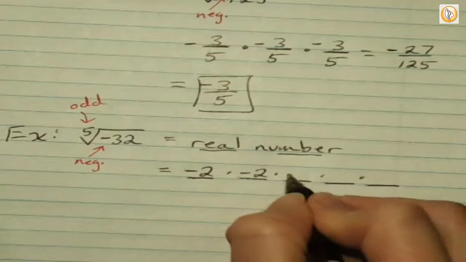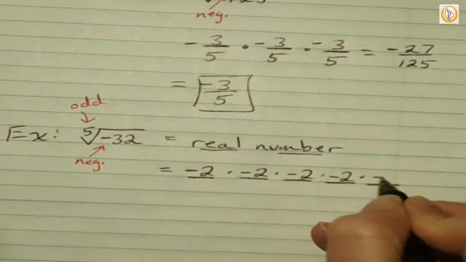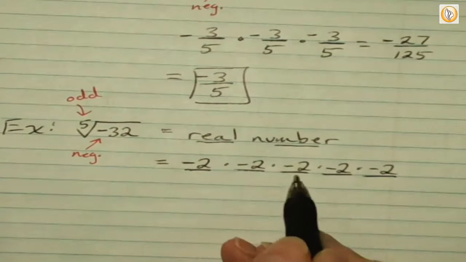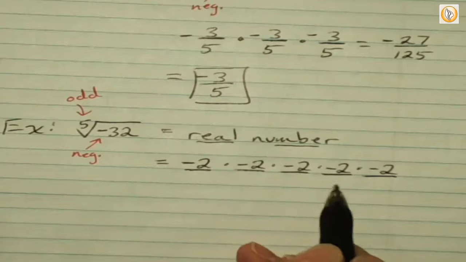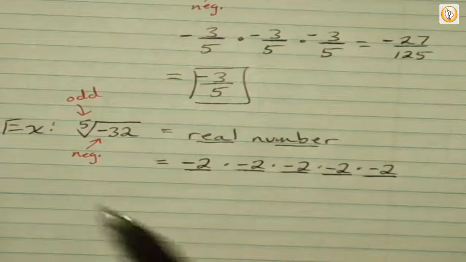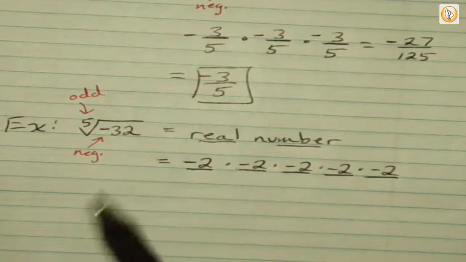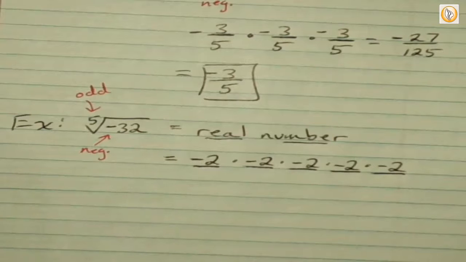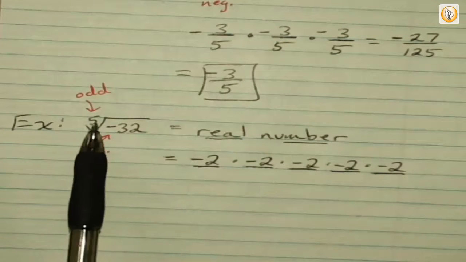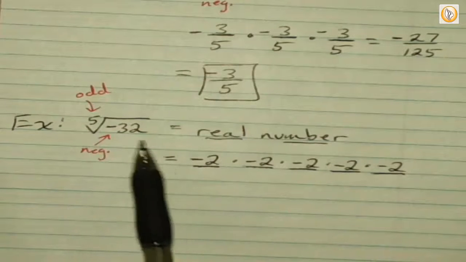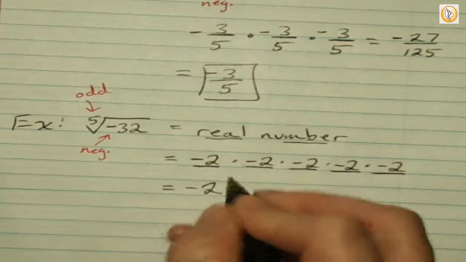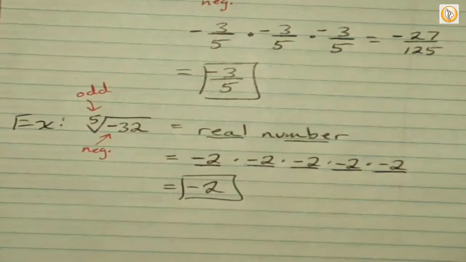Negative 2 times negative 2 times negative 2 times negative 2. Negative times a negative is positive. Positive times a negative, negative. Negative times a negative, positive. Positive times a negative, negative. So that's what I'm talking about. It can be stressful, because you got to find one number that when multiplied by itself, however many times the root is, will give you that radicand. So the answer is negative 2. Awesome.